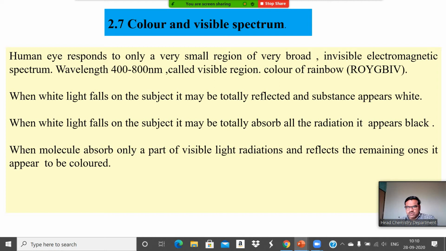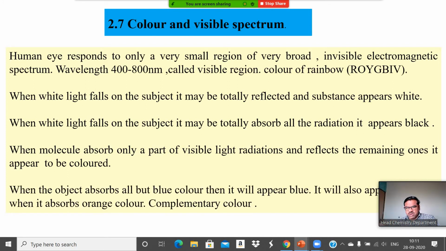When a molecule absorbs only a part of the visible light radiation and reflects the remaining, it appears colored. It means that when sunlight, that is the 7 rainbow colors, falls on an object, a particular part of the light is absorbed, and the complementary color of that light shows as the color, and the object appears in a different color.